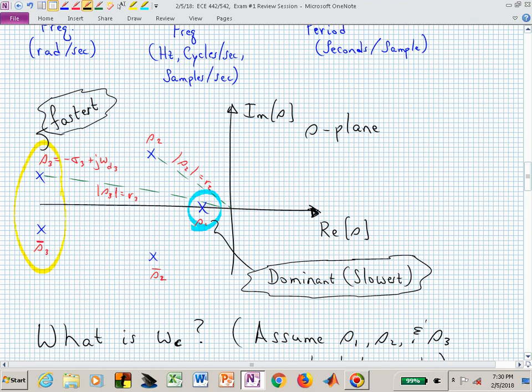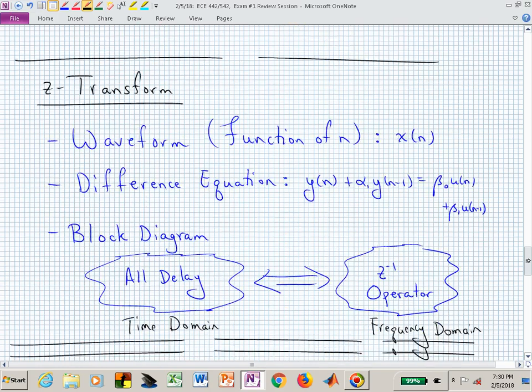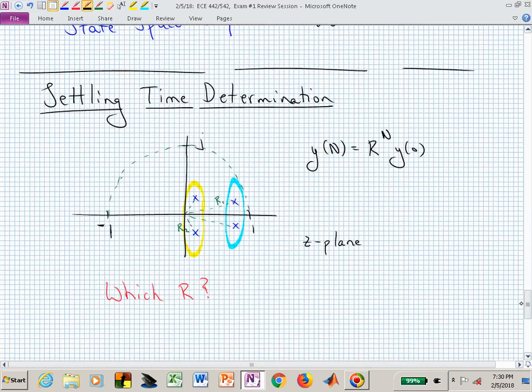If you get far out into the left half plane in the S-plane, it's really fast, isn't it? Because you have a big negative exponent. E to the minus 100t. Now, what happens here?